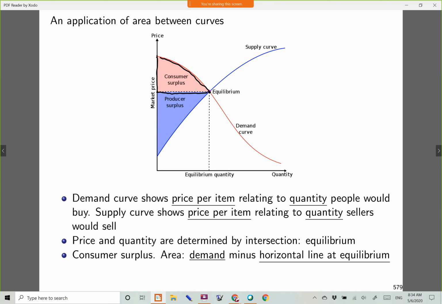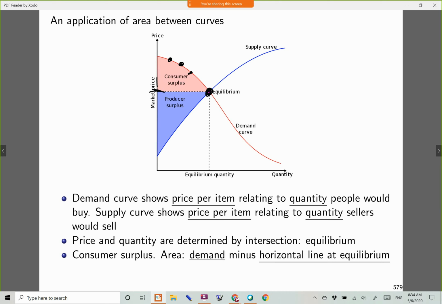That area is called consumer surplus, and without digging too much into it, the area ends up being in units of dollars, and it represents the amount of money that collectively all consumers, all people who wanted to buy a certain product and ended up buying it, saved. Because of the points on the curve up here, there were people who were willing to pay more money for a certain item, but they didn't have to. They only had to pay this much money.